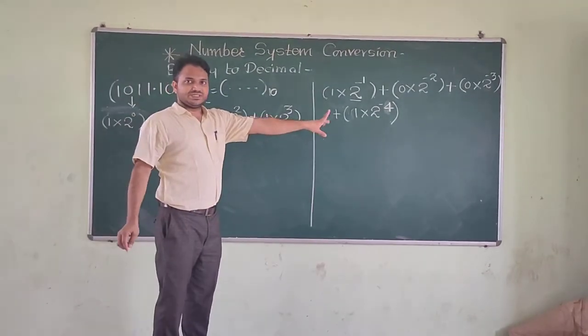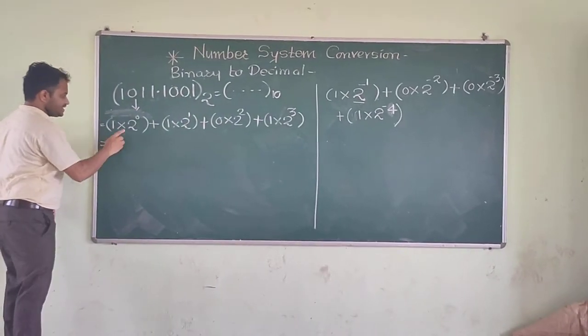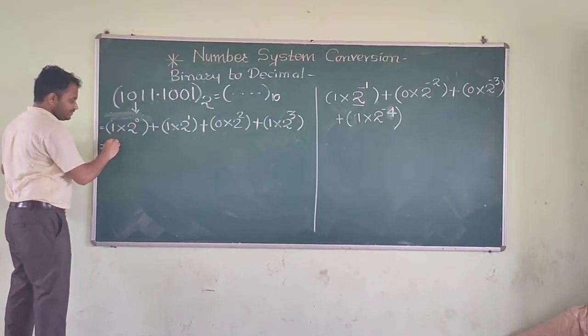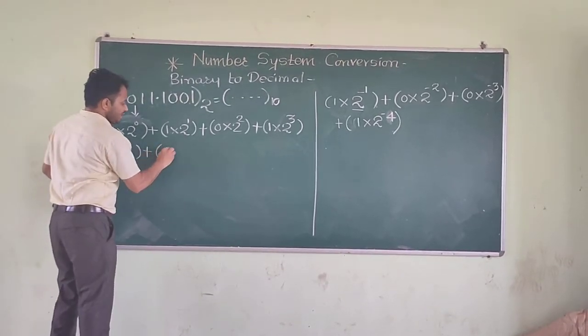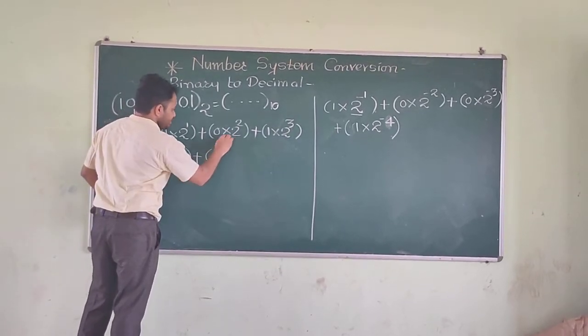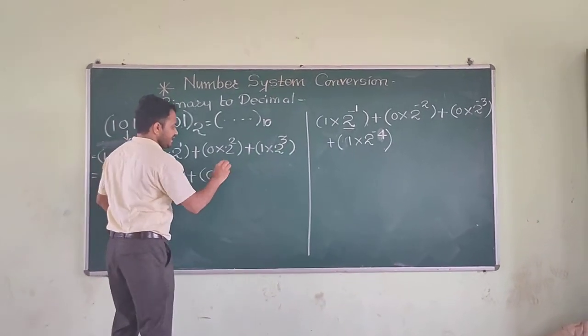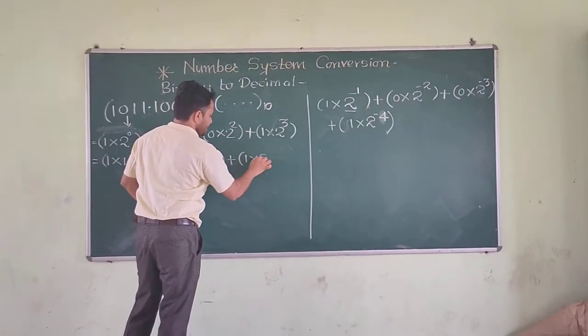Okay, so now we have to solve this, right? First we will solve this. 1 into 2 raised to 0 will be 1 into 1, plus this 1 into 2 raised to 1 will be 2, plus 0 into anything will be 0, so we will directly write down 0. 1 into 2 raised to 3 will be 1 into 8.